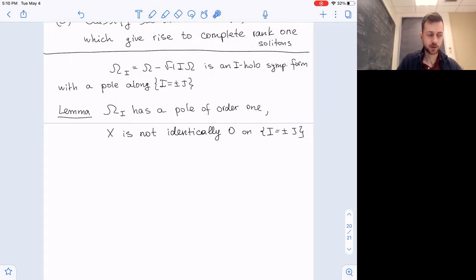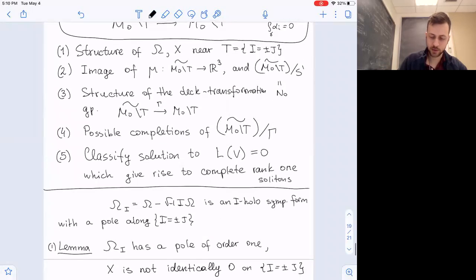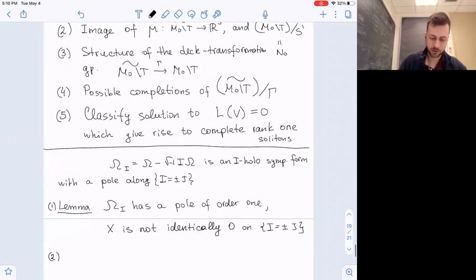So you have higher order vanishing, but it doesn't have it on solitons, at least on rank 1 solitons. So this was about part 1, understanding the core structure of omega and X near the generalized locus.